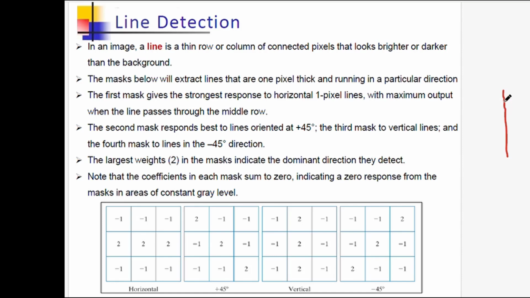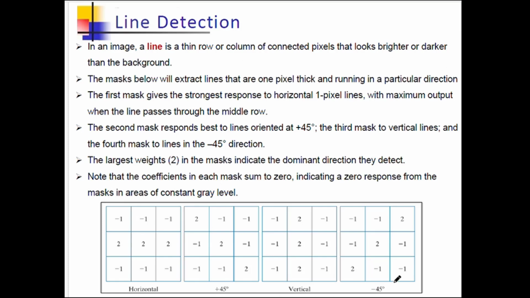Yes, see this. This is a line which is having connected pixels. Maybe brighter or darker. If the background is bright, the line seems to be dark. If the background is black, you can draw a line which is bright.